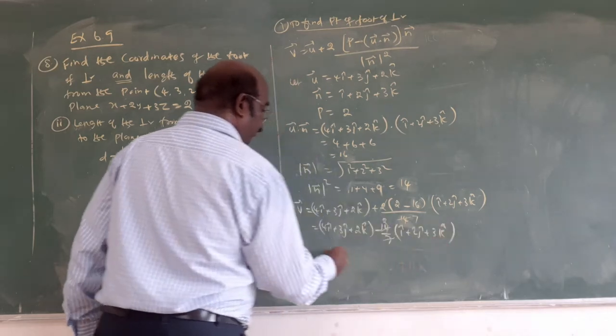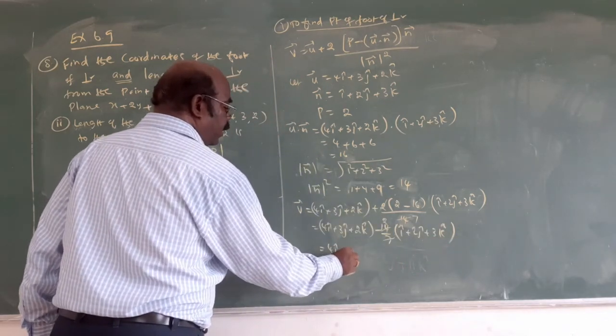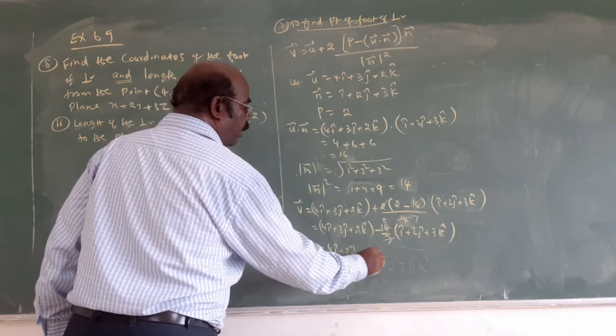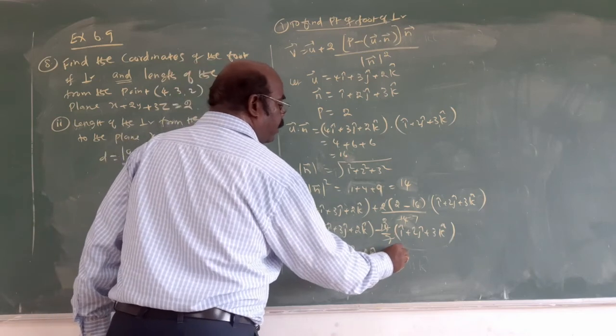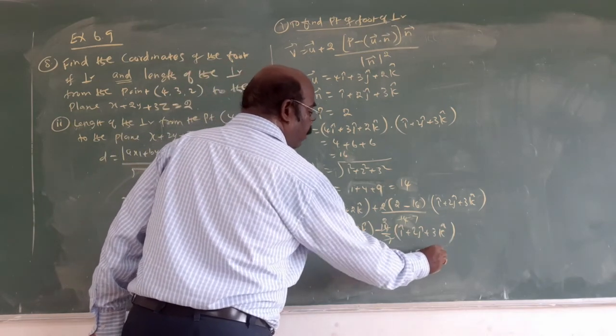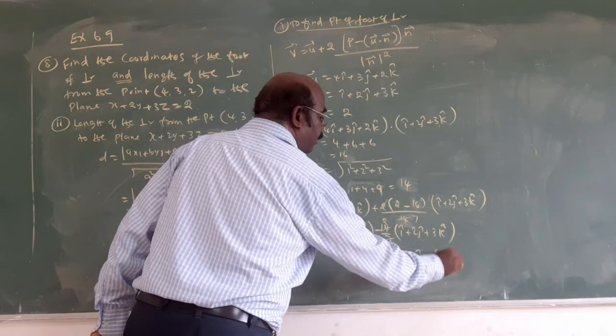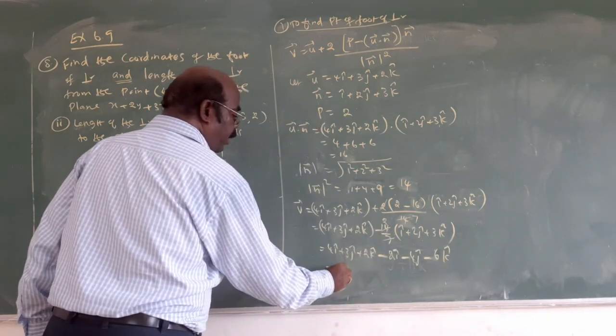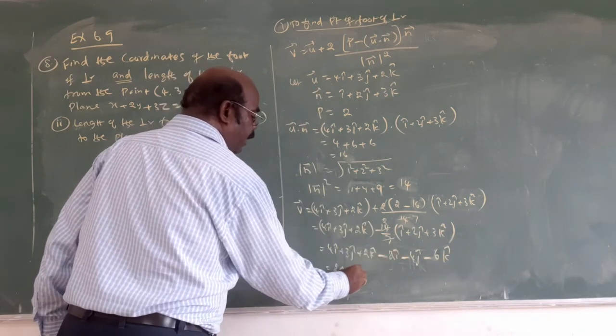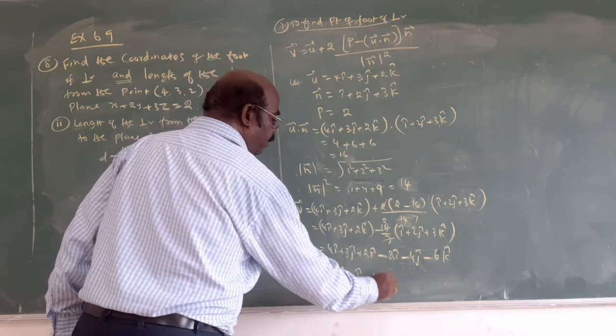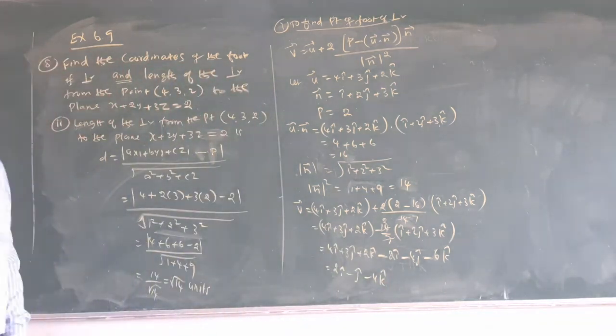Now simplify: 4i plus 3j plus 2k minus 2i minus 4j minus 6k. Now simplify 2i, i with i, j with j, k with k. This is called D vector.